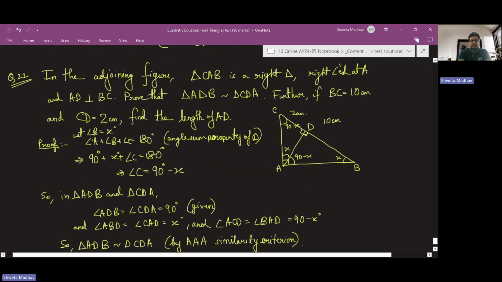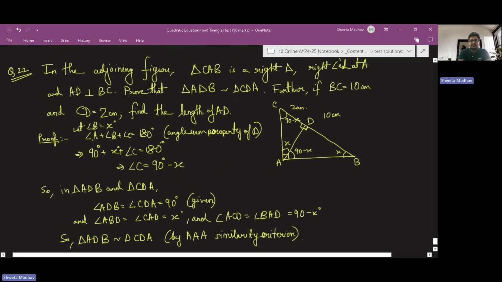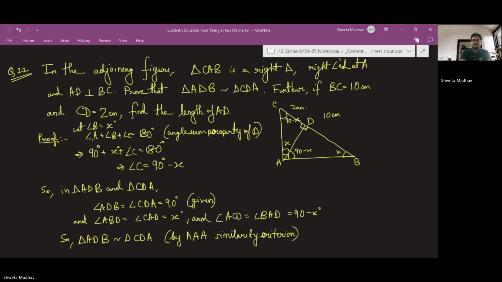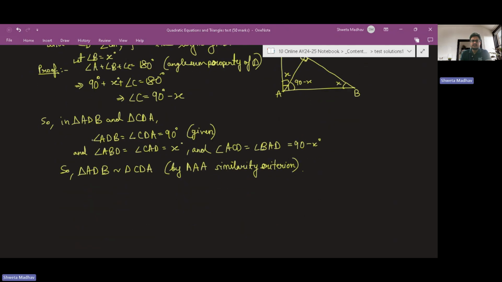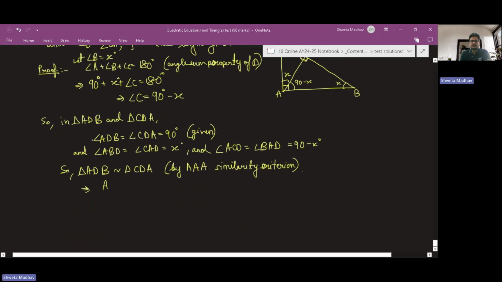Now further, BC is 10 centimeter, CD is 2 centimeter, and we need the length of AD. So from here I can say AD by CD is equal to AB by CA, is equal to DB by DA.